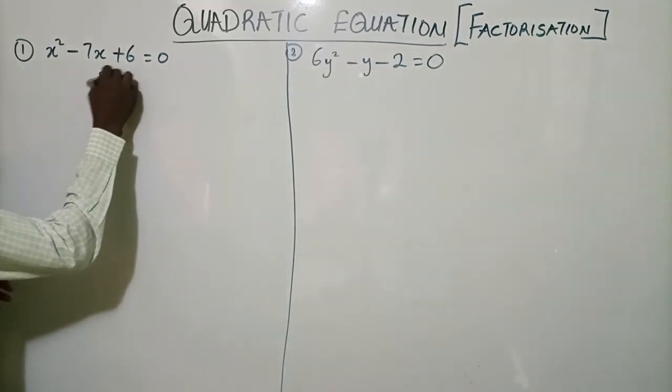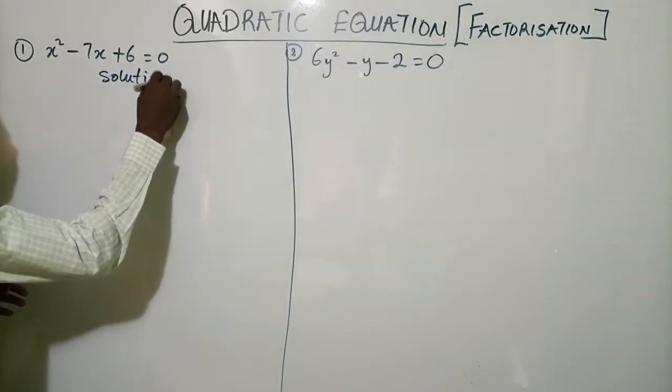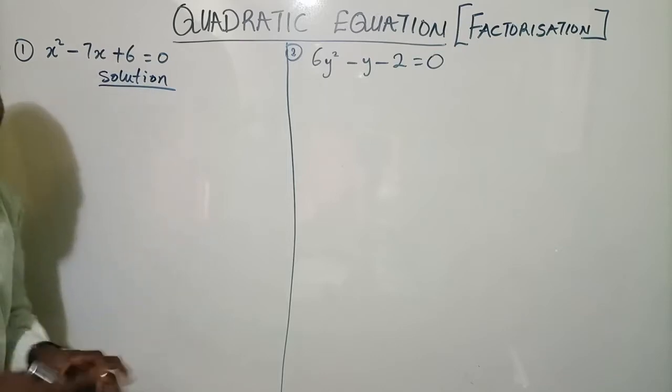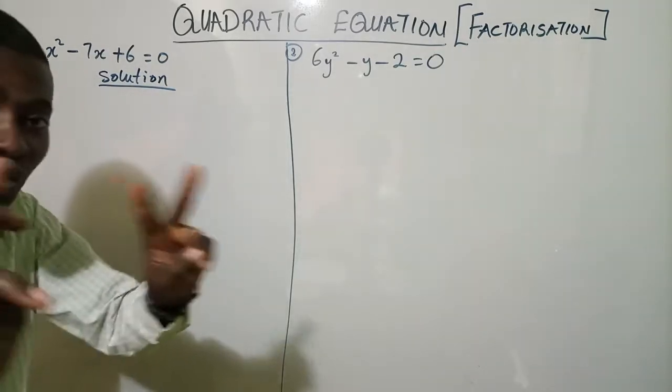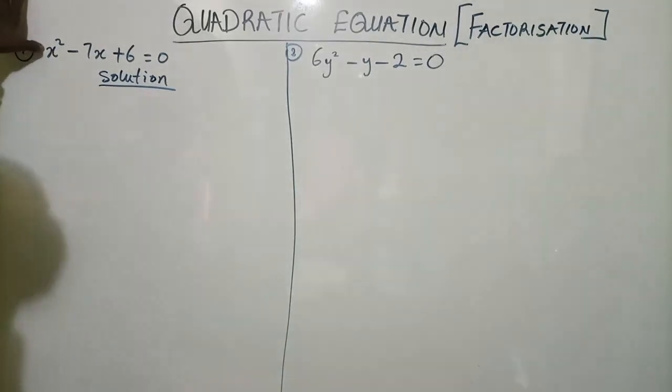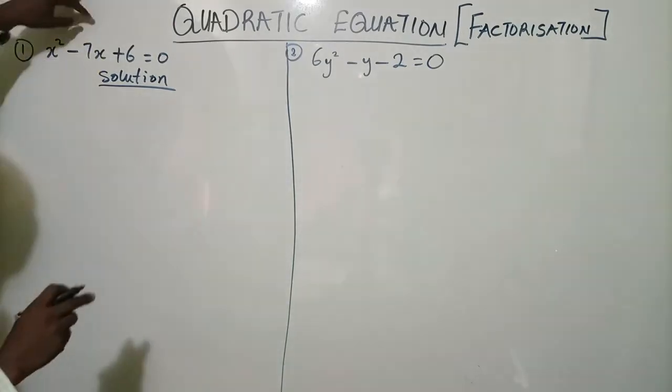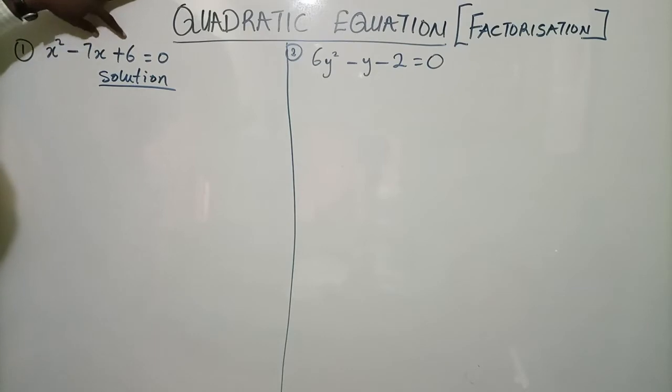So using the factorization method, what are we looking for? Since the coefficient of x squared here is 1, our attention moves to these two numbers, minus 7x and 6.